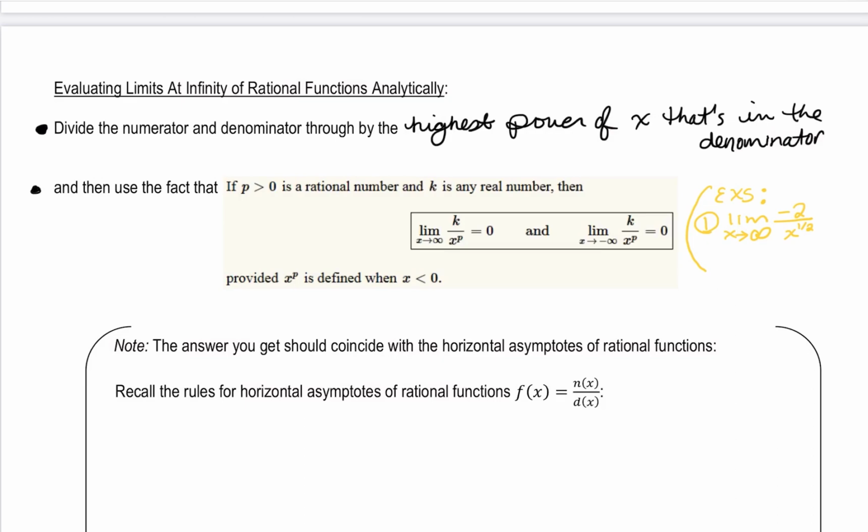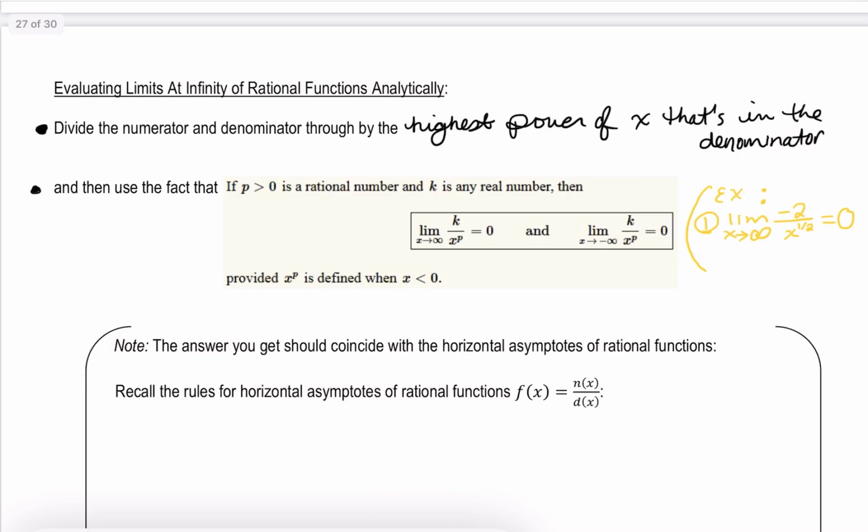And so as I have a constant divided by a denominator that's getting larger and larger, the value of that fraction, the value of that expression, is going to 0. As denominators grow without bound, the values of the fraction go to 0. So those are the kinds of things that we're looking at here.